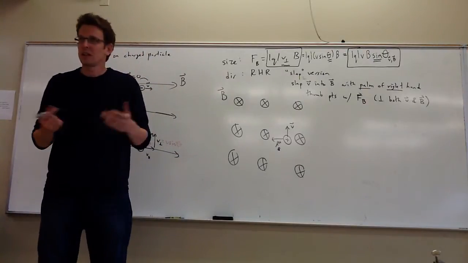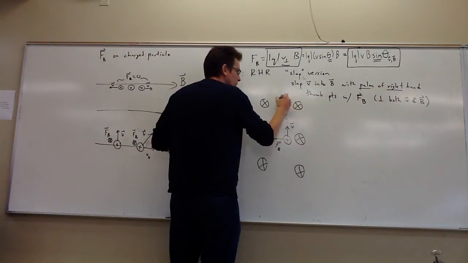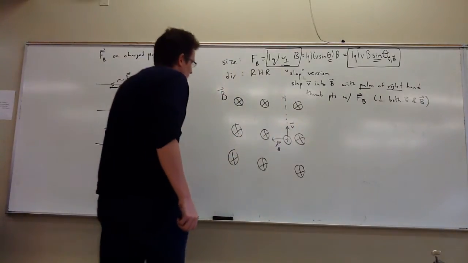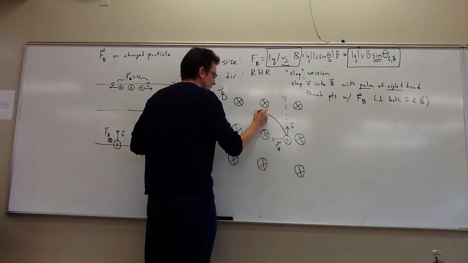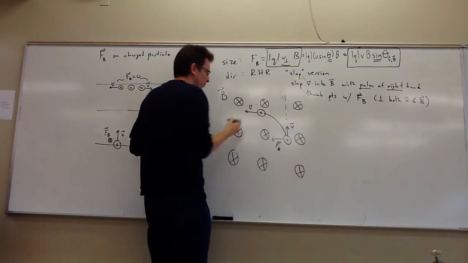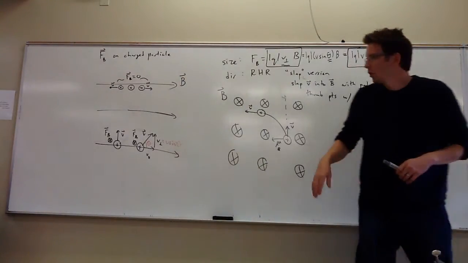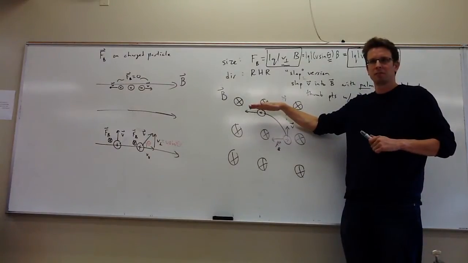So let's keep practicing. This thing will not go straight anymore because, of course, it's been deflected. So let's go over here. It's deflected like this. Now it's going this way. Let's practice again. So I point my fingers along V. V is now to the left.